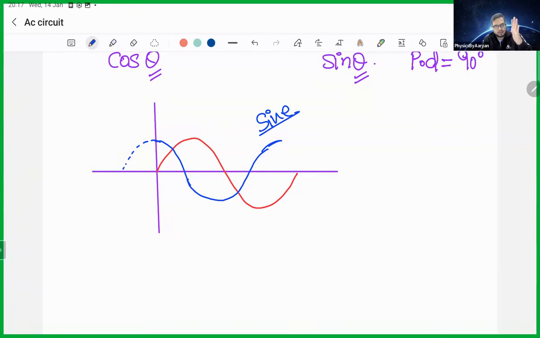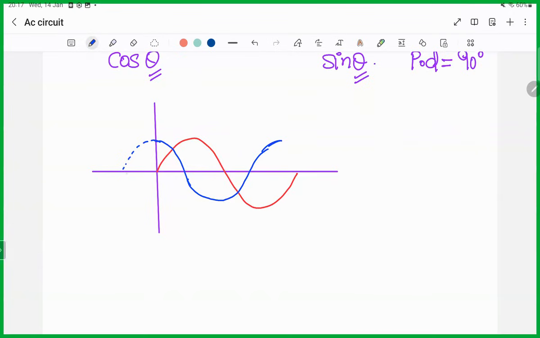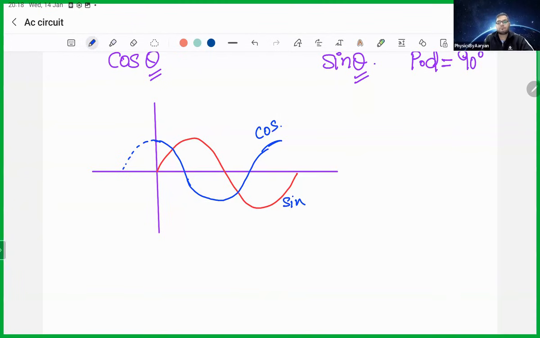Just bringing it a little back. Now looking at this diagram, who is ahead? This red sine or this blue cos? Sine.